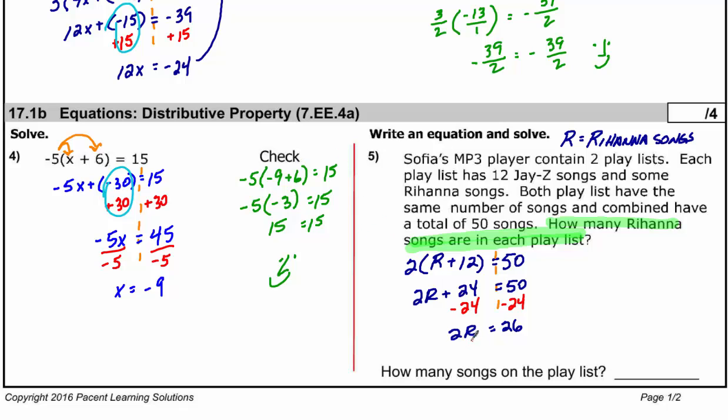We're going to divide by 2. Once again, always looking for that big 1. 26 divided by 2. There are 13 Rihanna songs on the playlists.